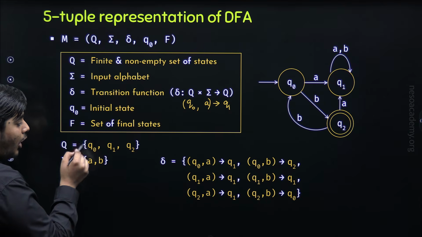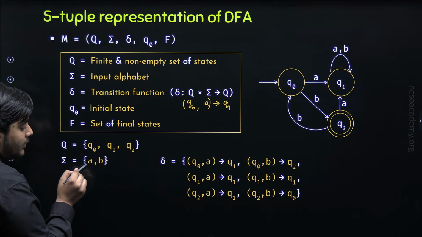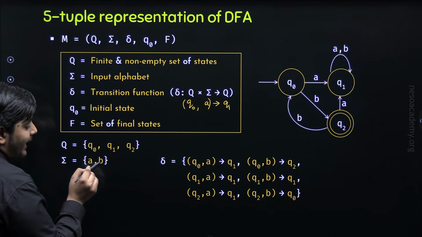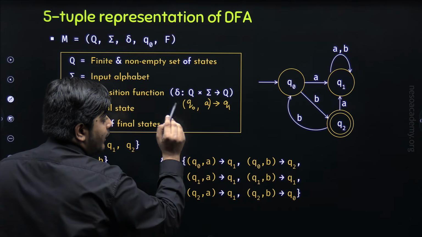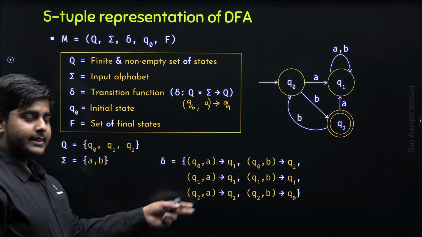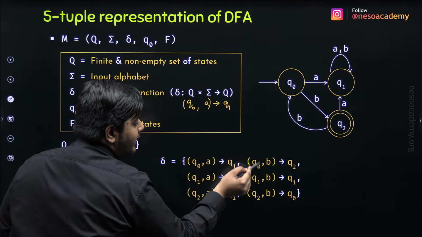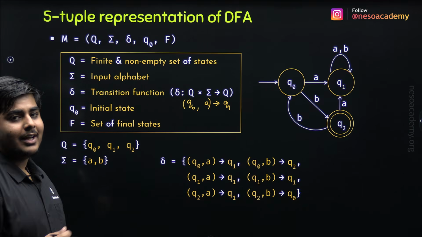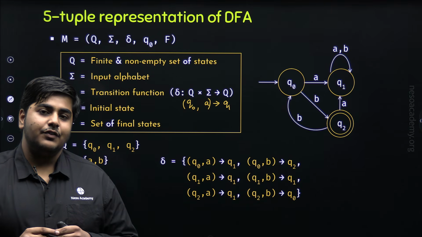That means Q0 is to be operated with both A and B, Q1 is to be operated with both A and B, and similarly, Q2 is also to be operated with A and B. And the Cartesian product gives us the next state, which also belongs to the same set Q. Here you can see, on operating Q0 with A, we get Q1. On operating Q0 with B, we get Q2. Similarly, we can get all the transition rules. So I hope you have understood what a transition function is.